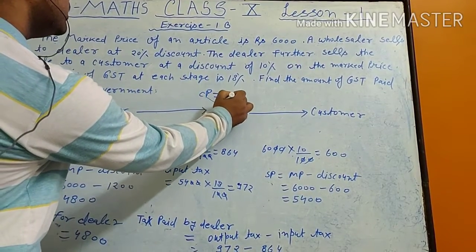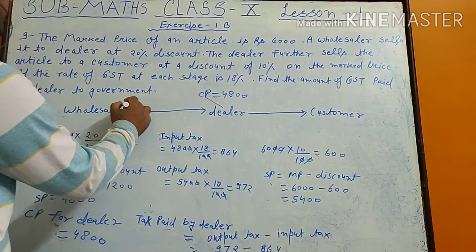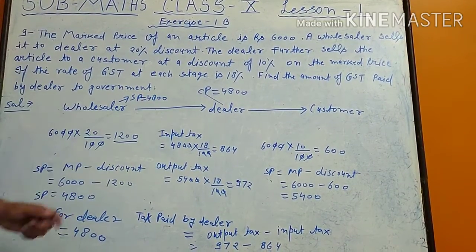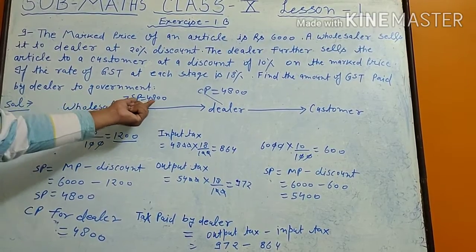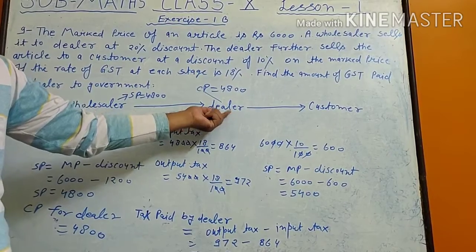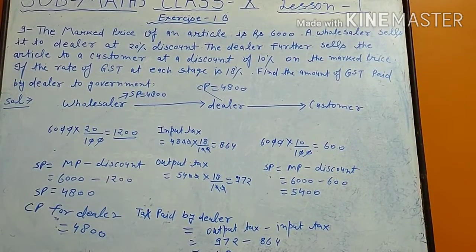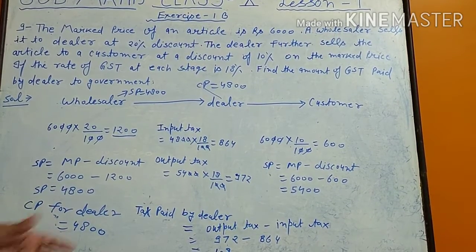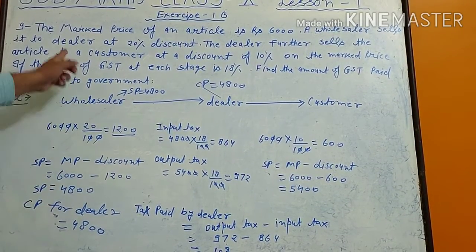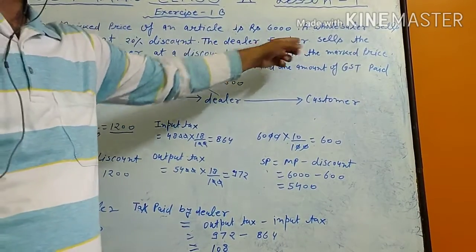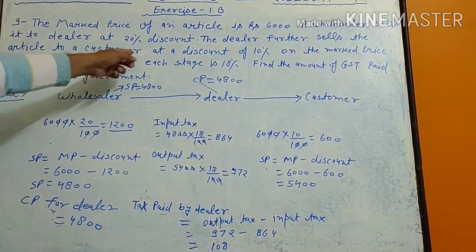Wholesaler's selling price is 4,800 and it is purchased by the dealer, so the cost price of the product will be 4,800. Understand?